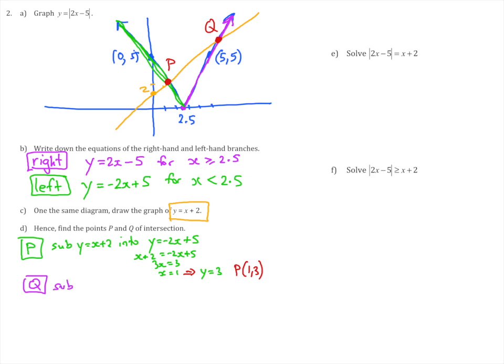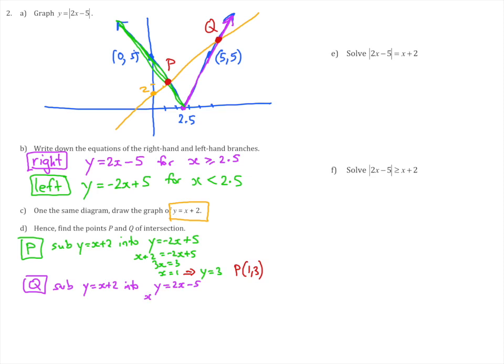For Q, I've got the purple line and the orangey coloured line, that's where they meet. So I'm going to substitute y equals x plus 2 into my purple line, which is y equals 2x take 5.